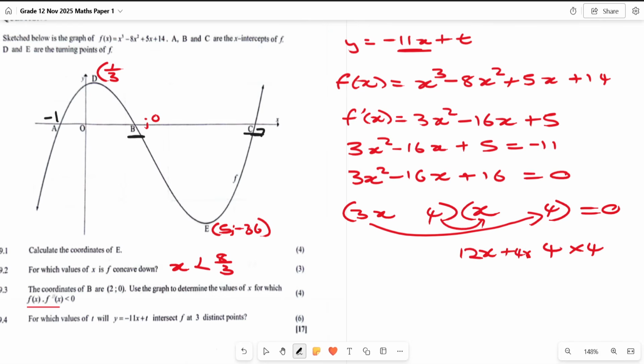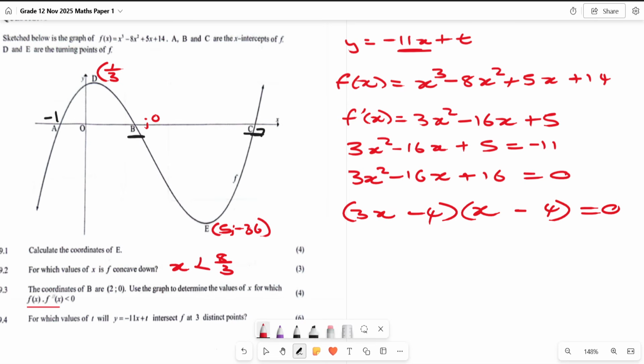That is actually equal to 16. Wow, that is actually going to be equal to 16. But remember the signs, this has to be negative, that will be negative. Now x is going to be equal to 4 over 3, or x is going to be equal to 4. But we don't stop there.